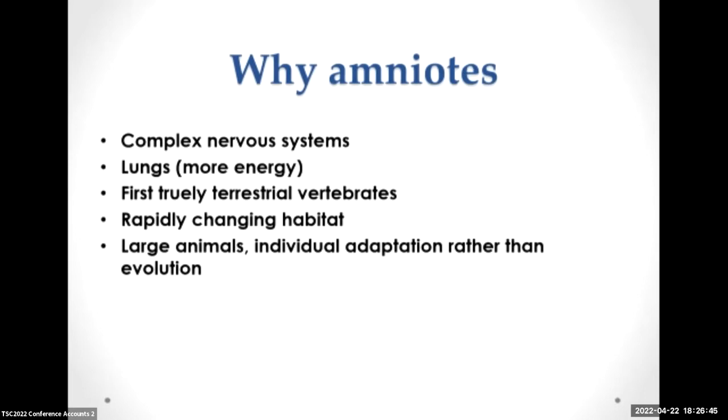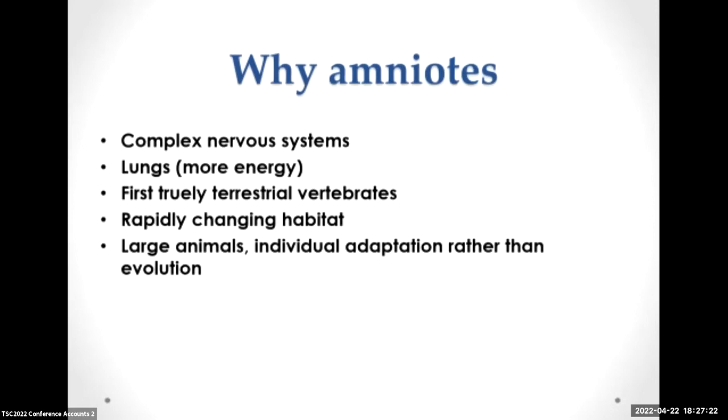So we know that there was a considerable expansion in the nervous system upon the adaptation to living on land compared to being in the water. And also that would be because there's a rapidly changing habitat. Living in the sea is pretty much the same year round, the same environment around you all the time, while when you move onshore, it's a much more variable environment, and that requires more adaptable behavior.